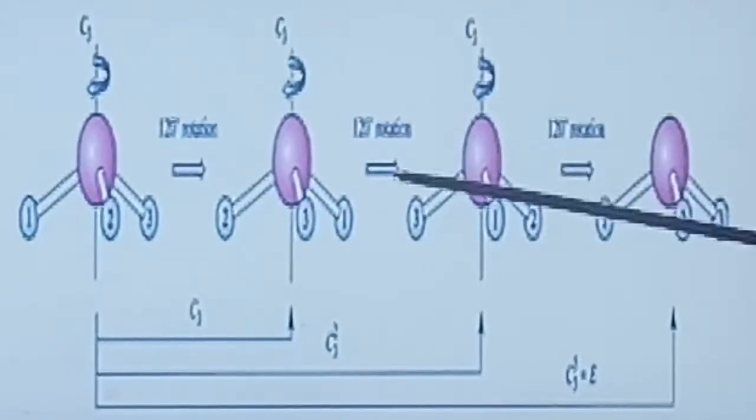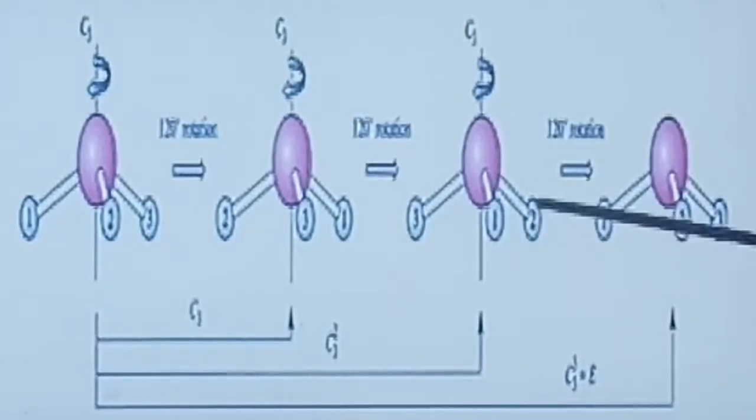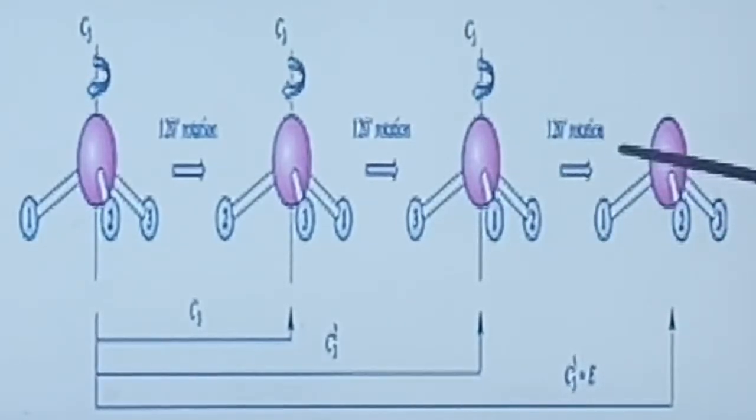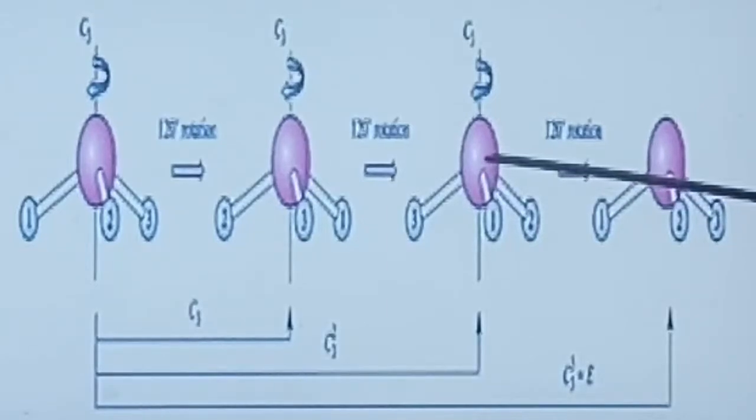If we rotate it by another 120 degrees, we will get this position of the atoms, and again a rotation of 120 degrees gives the original orientation. So these are the two equivalent orientations.